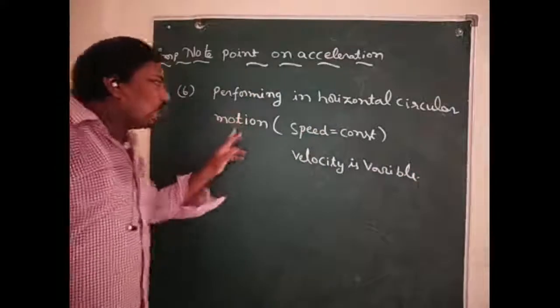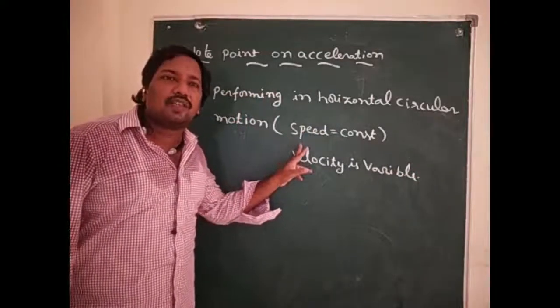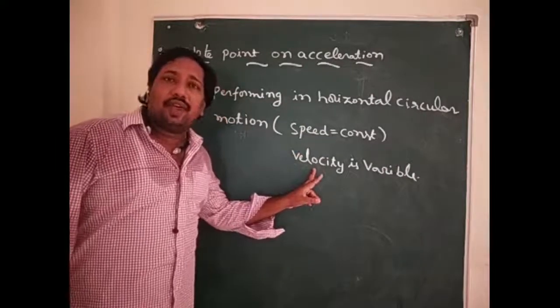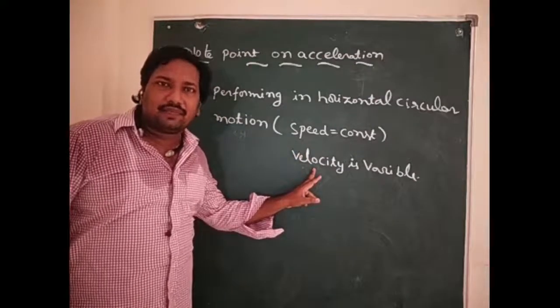In the case of horizontal circular motion, the body has constant speed, and the acceleration is due to the change in direction of the velocity.